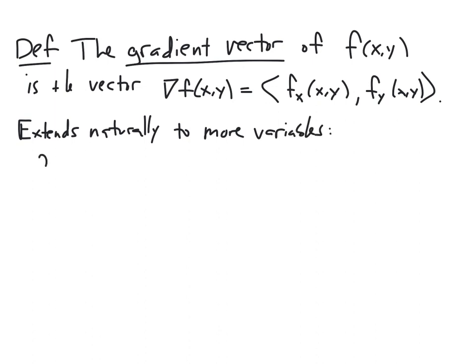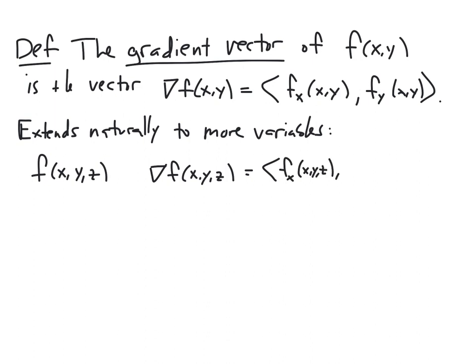If I have a function of three variables, let's say f of x, y, z, then the gradient vector of f is the partial with respect to x, the partial with respect to y, and the partial with respect to z.